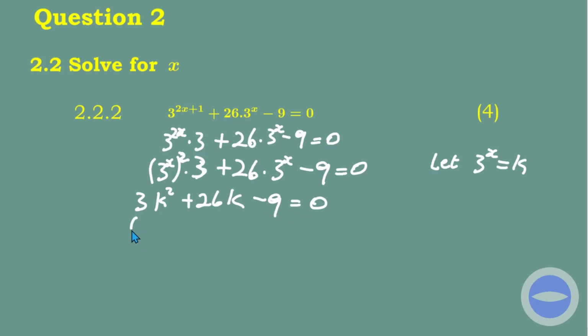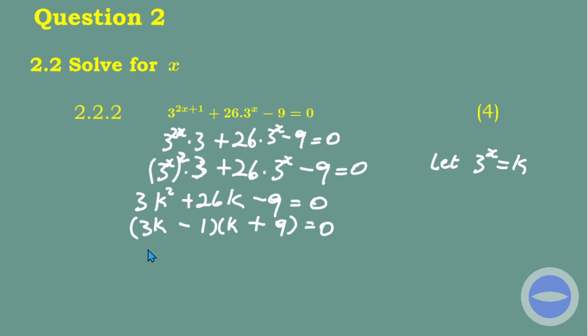And then now I will factorize. Factors of 3, which is 3 here, is 26, and 3 multiplied by 9 is 27. So I will have 3 here, and then I think I will have 9 here. Then I will have 3k, k, 1. Here is positive. The bigger number will get the positive, then negative.